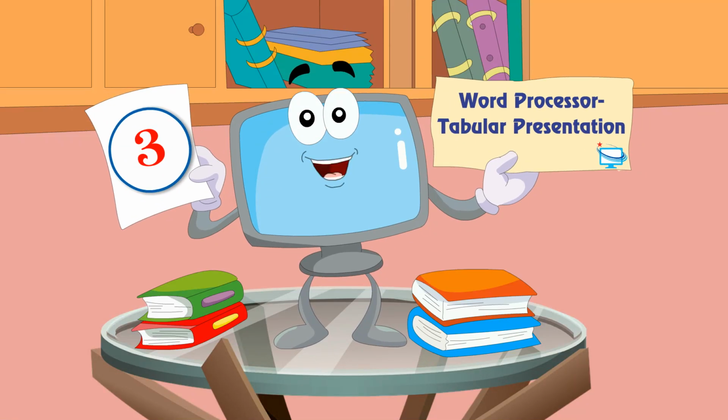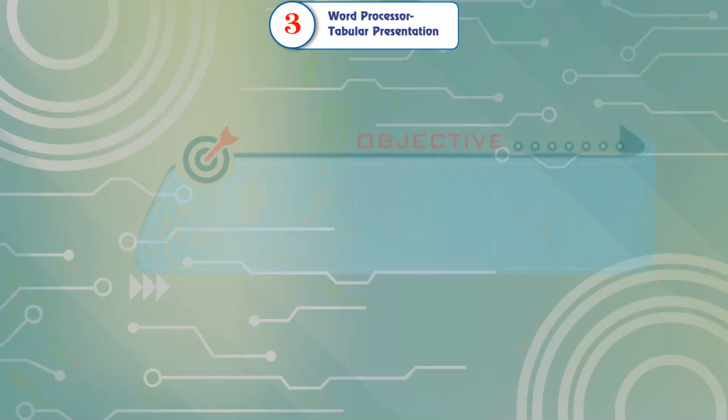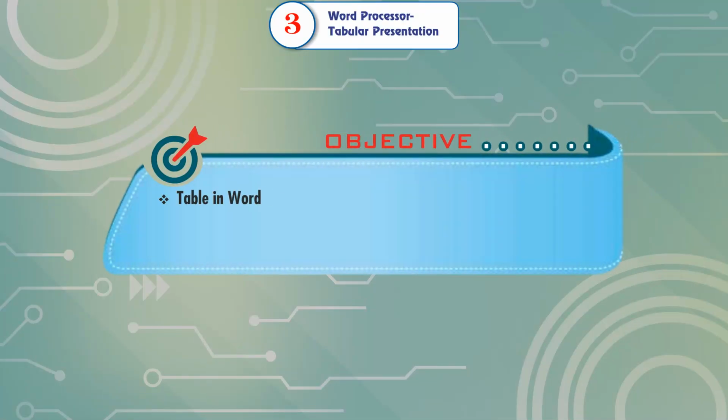Chapter 3. Word Processor Tabular Presentation. Objective: Table in Word. Creating a table. Entering data into a table. Selecting text in cell. Selecting a cell, row, column and table.